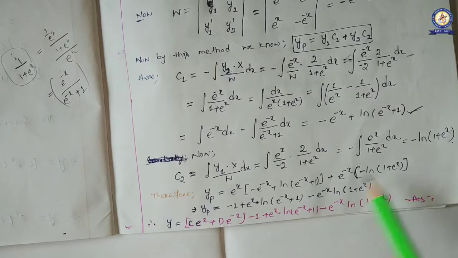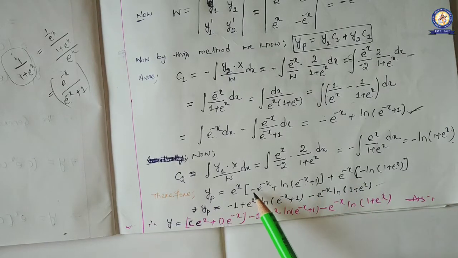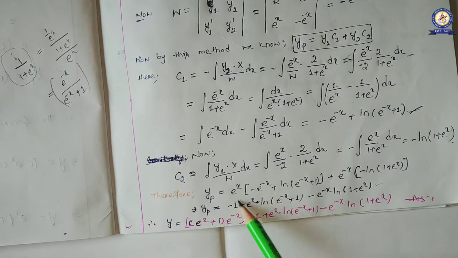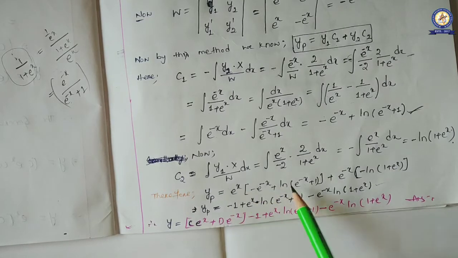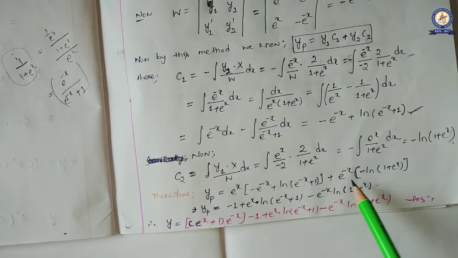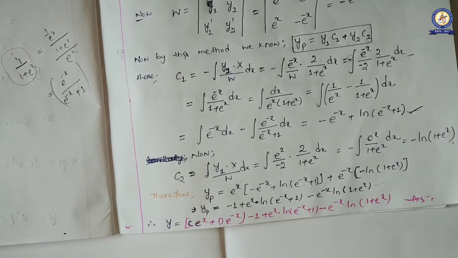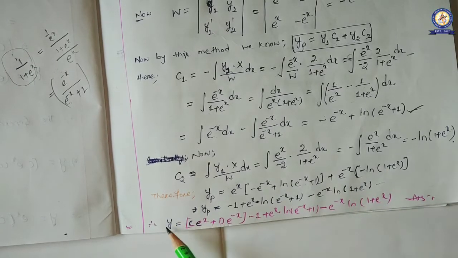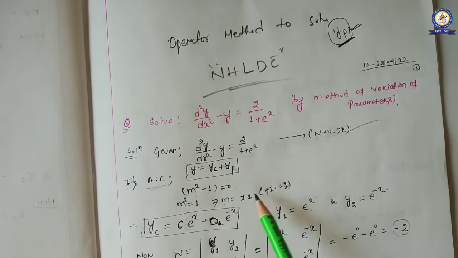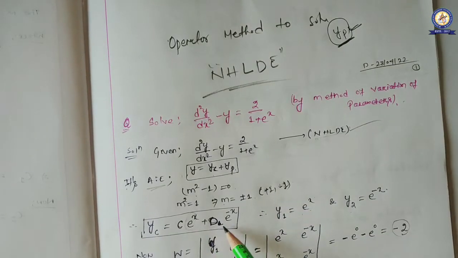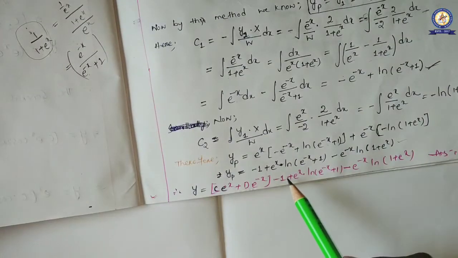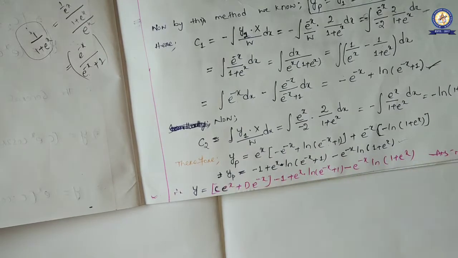So just simplify, we got this one: e to the power x into e to the power minus x, so only minus 1, and here e to the power x into ln of e to the power minus x plus 1, and then minus, here you can see minus is there, so minus e to the power minus x ln of 1 plus e to the power x, right? So the general solution will be the complementary function, already found, c e to the power x plus d e to the power minus x, and then yp is this one. So this will be the answer.